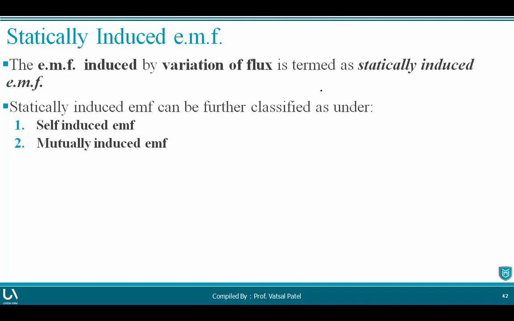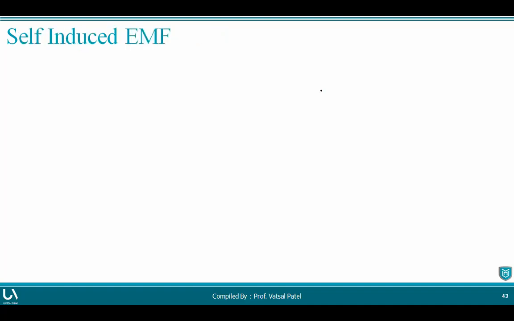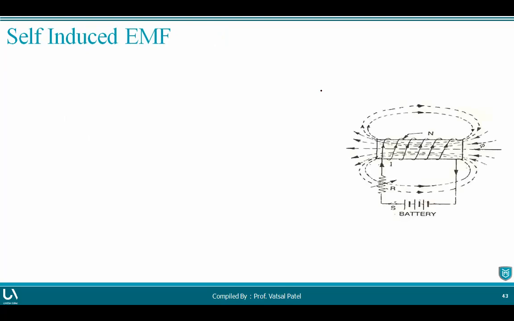Now we'll discuss each induced EMF parameter of the statically self and mutual one, right? So first of all, the self-induced EMF. Here we are going to represent it with this diagram. What do you understand from this diagram? What is in this diagram?